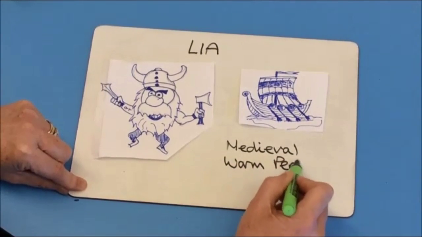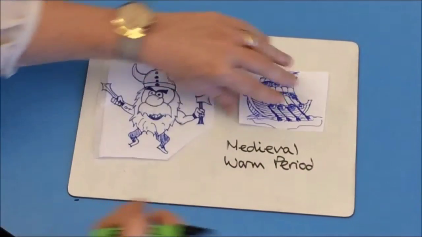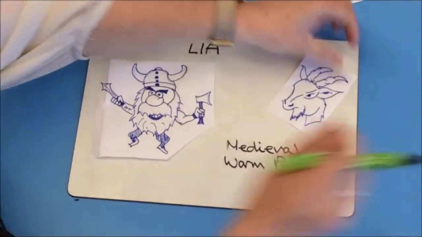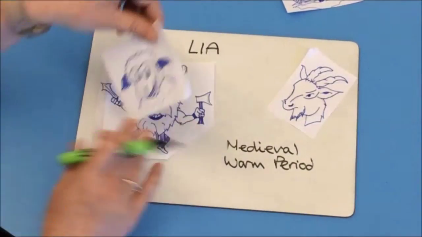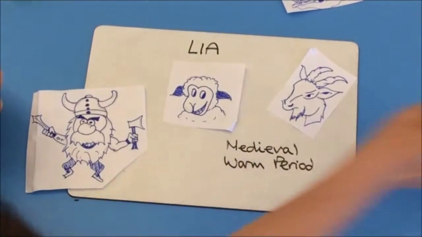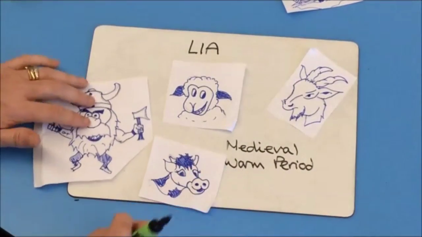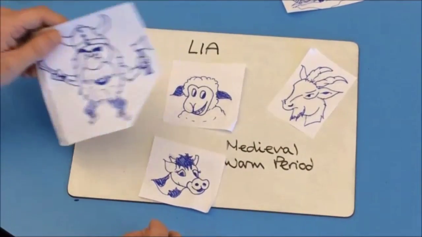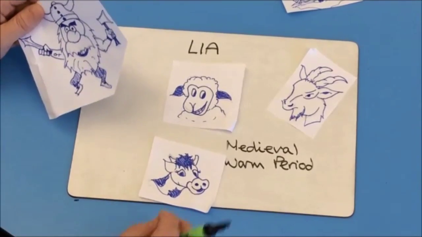They were very successful there. They settled, okay. They had goats, they had sheep, and they had cattle, so they had lots of farms, and Eric and his fellow Vikings were very happy.